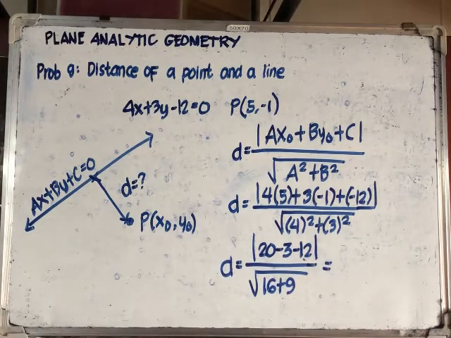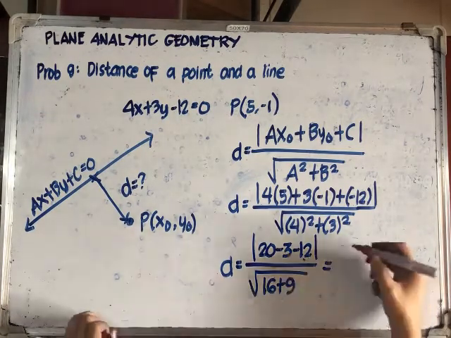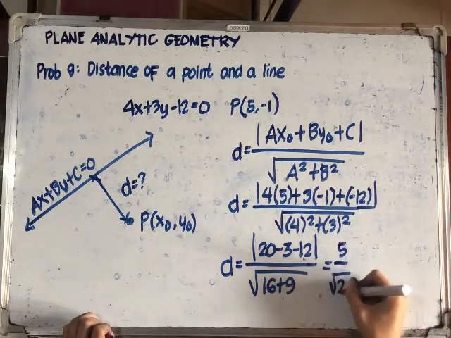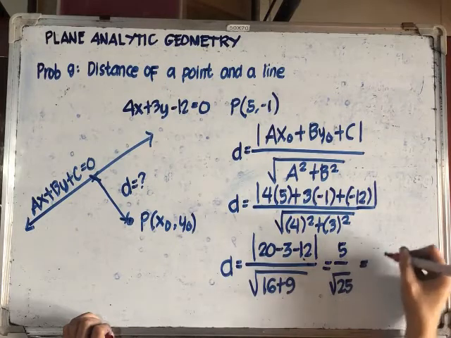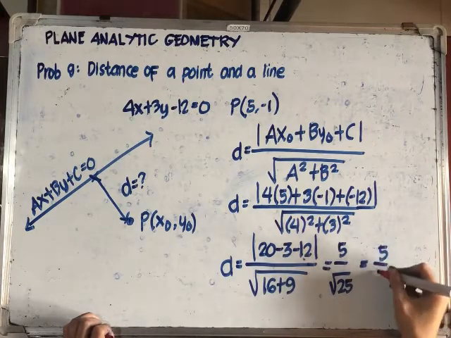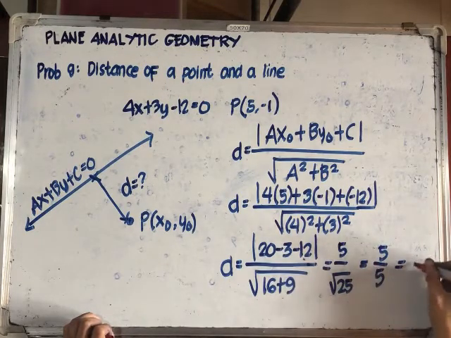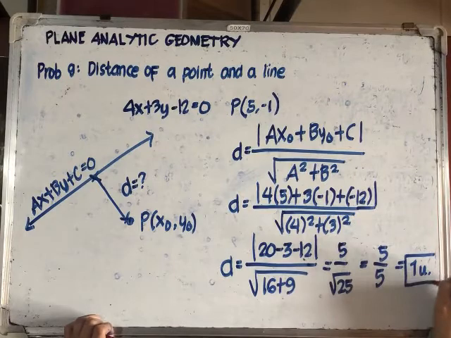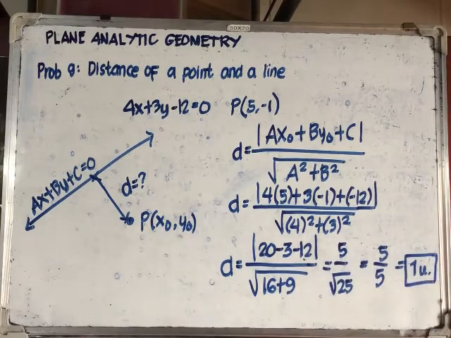So 20 minus 3 minus 12 is 5. And this one is the square root of 25. So this is 5 over 5. And that means the distance between the point given and the line given is 1 unit. Okay, as simple as that one.